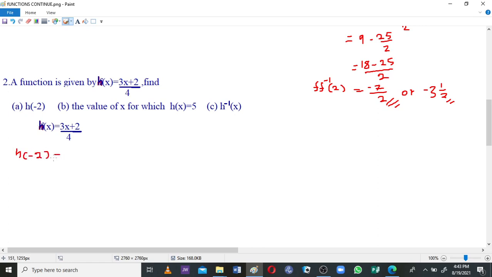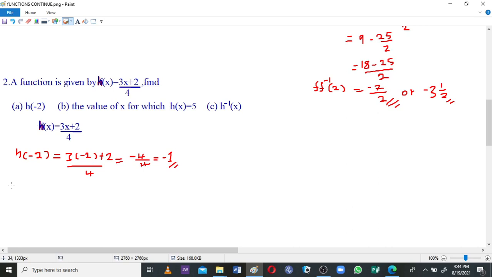So we substitute x by negative 2, that's plus 2 over 4. If you do that, you have negative 4 over 4, which gives you negative 1.